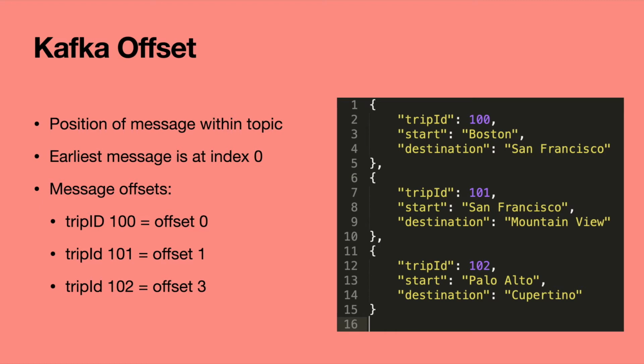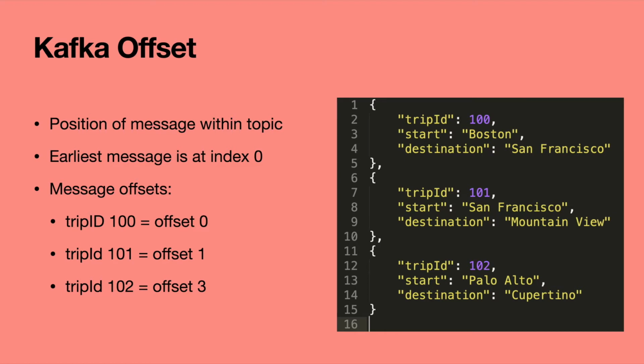Now that we've talked about how we can keep on writing to the end of a Kafka topic, let's see how we can read it. When reading messages from a Kafka topic, Kafka uses something called an offset. Offset makes it very easy to go to whichever message in the topic that you want to read.